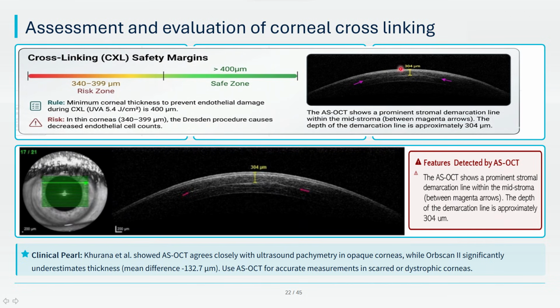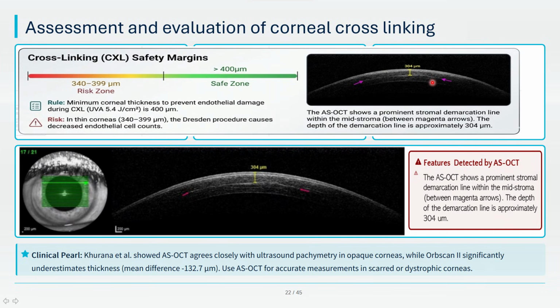You should have a minimum corneal thickness of 400 micrometers to do corneal cross-linking. Nowadays, for thin corneas there are special protocols, but this is usually applicable to the Dresden protocol.